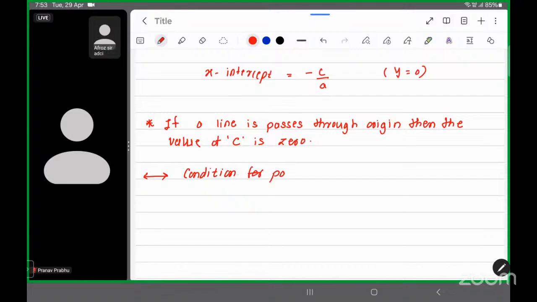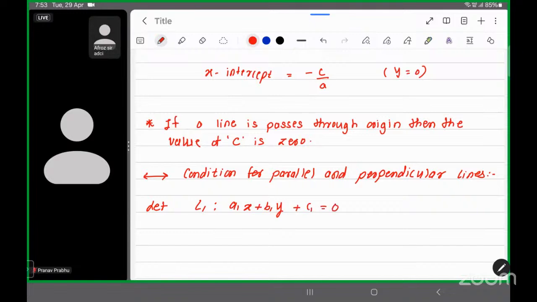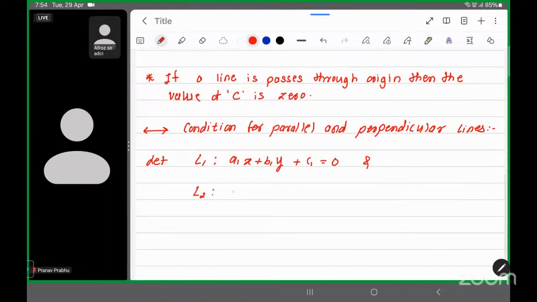Let L1 be the first line which has the equation a1x plus b1y plus c1 equals 0, and L2 is the second line which is a2x plus b2y plus c2 equals 0. These are the two lines.